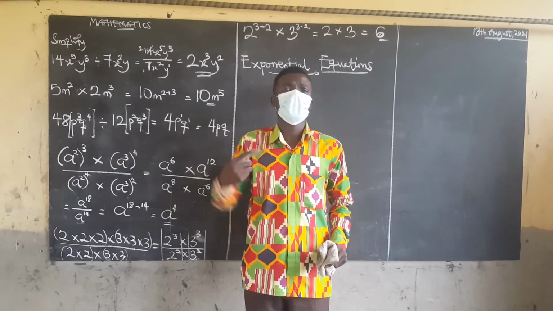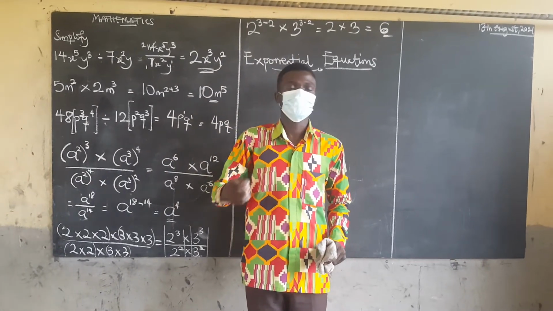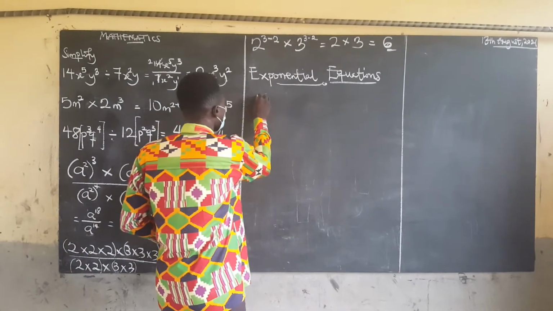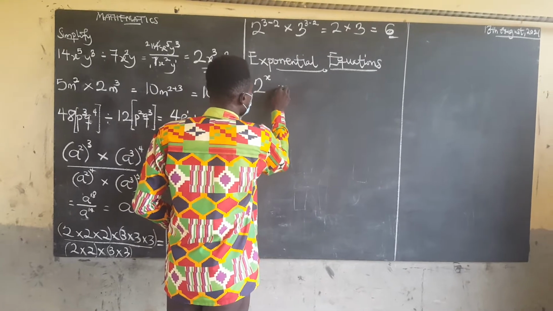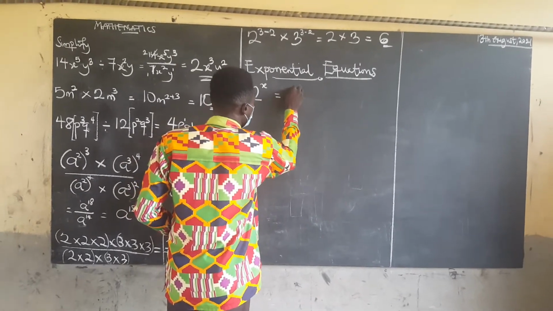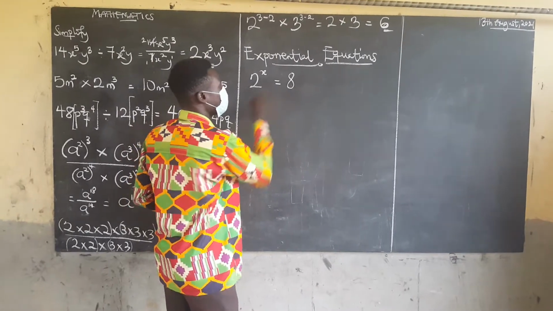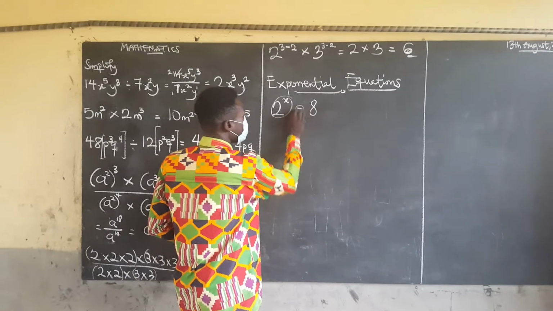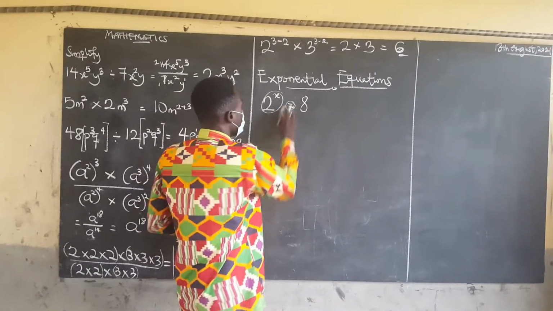But if there is a power on top of one of the numbers, it becomes an exponential equation. Example, let's say we have 2 raised to the power x is equal to, let's say, 8. This becomes an exponential equation. Why? There is an exponent and there is an equal to sign. So this is an example of an exponential equation.